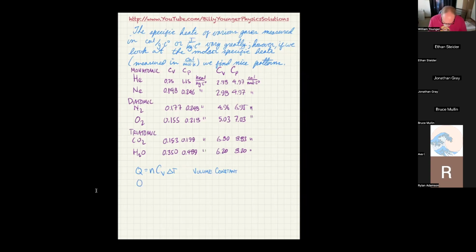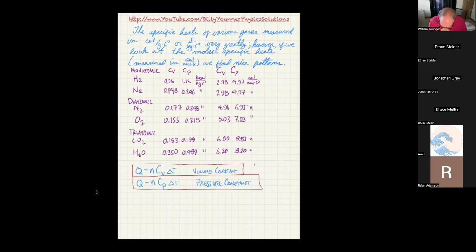So that's what we're doing here. And we also have Q is equal to n Cp delta T, and that's pressure constant. So here's two new equations that we want to make sure we use. And when we go to use that, that's nice.